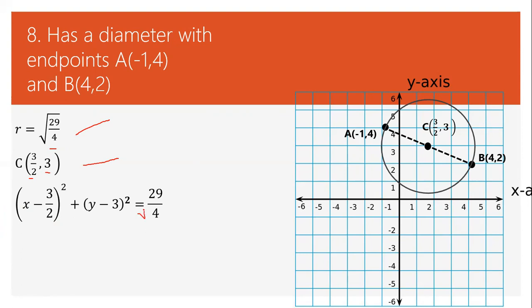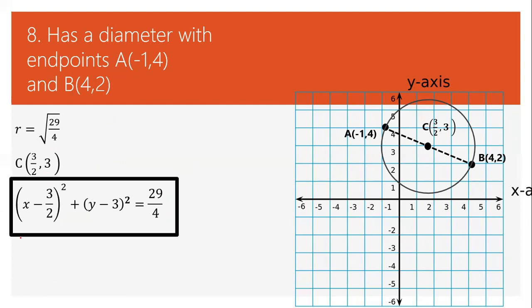So this is actually the square root of 29/4 squared. But since we have a radical sign and then we square it, they can cancel out, leaving 29/4. So the final answer: quantity of x minus 3/2 squared plus quantity y minus 3 squared is equal to 29/4.